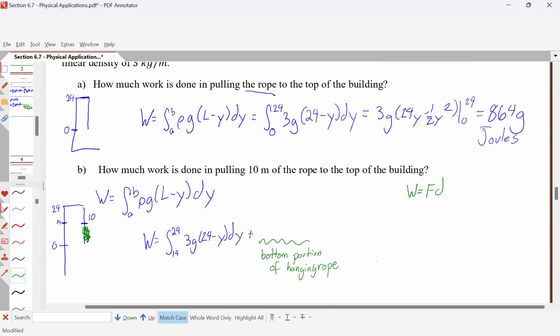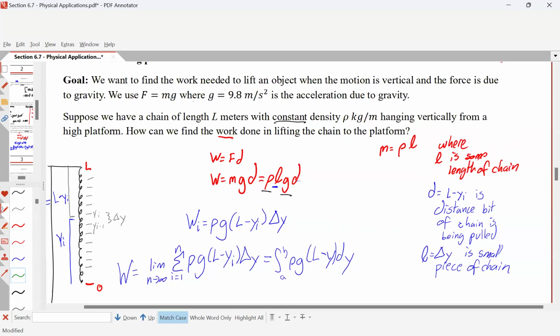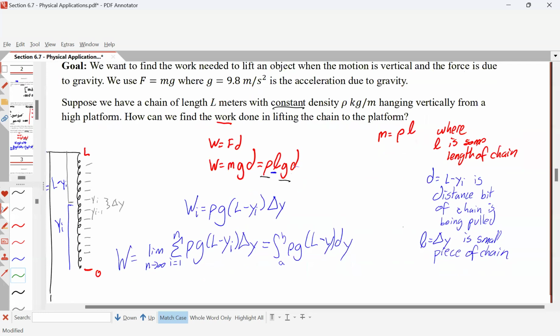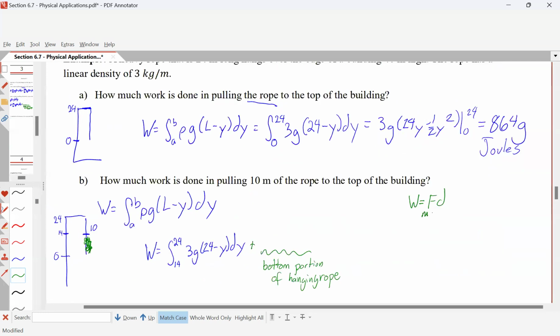The force for the vertical distance is mass times gravity. And the mass is volume times density. Now the volume is our length of rope that is just moving, times density, times gravity, times the distance being pulled.